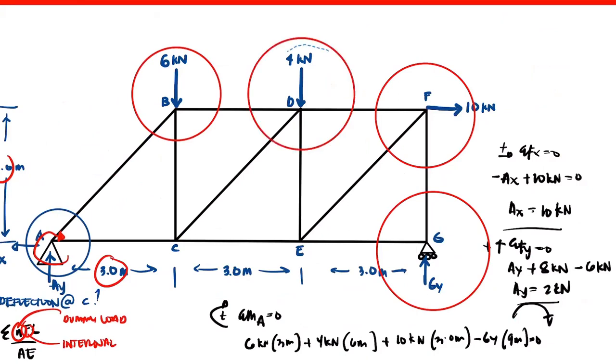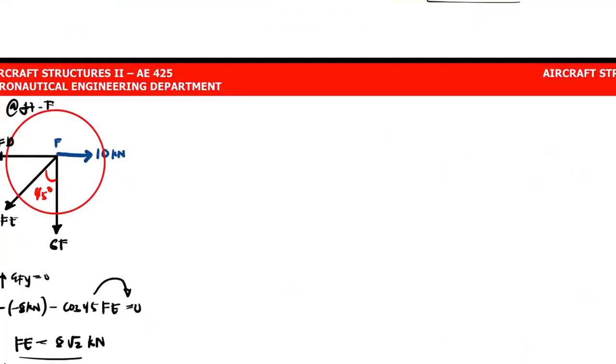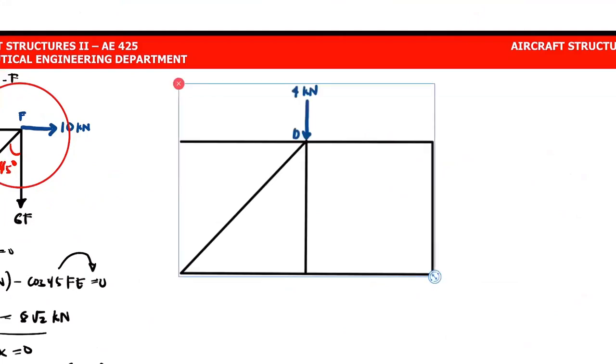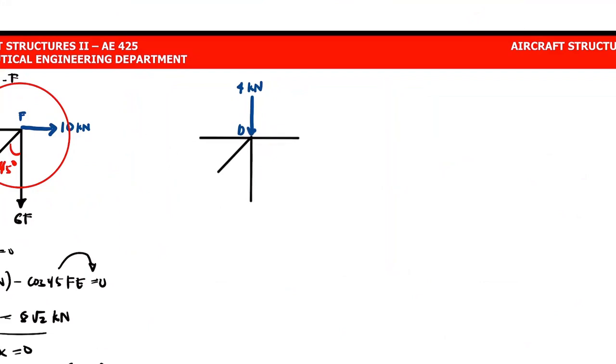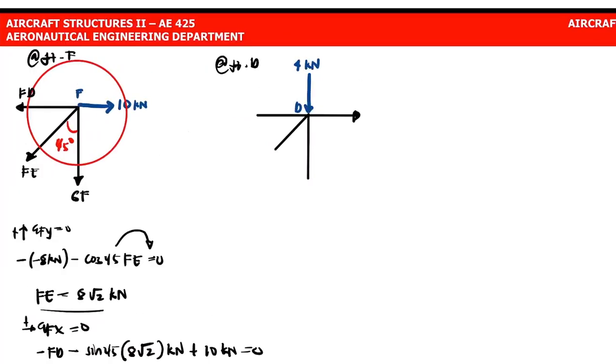Okay, copy natin. Okay, so that is joint B. At joint D. So sa joint D, we have FD, tension na 2 kN. Meron tayong BD. Okay, meron tayong DC.